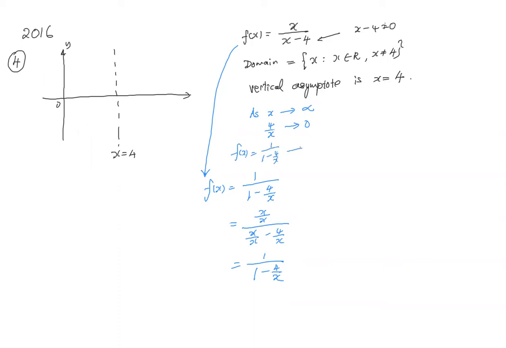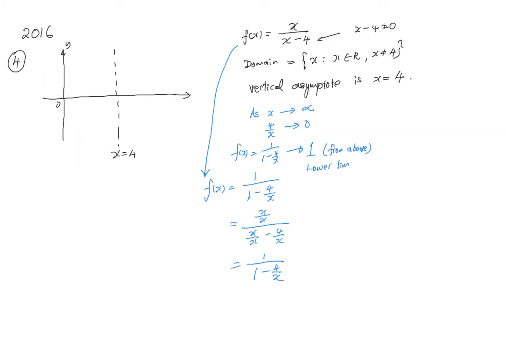It will approach 1. You didn't answer me, but you are listening. So it will approach 1 from above. That means this is the lower limit.